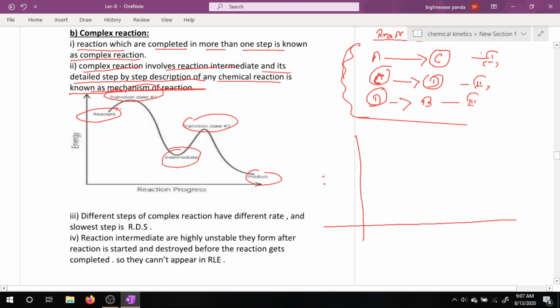This is potential energy, this is reaction.